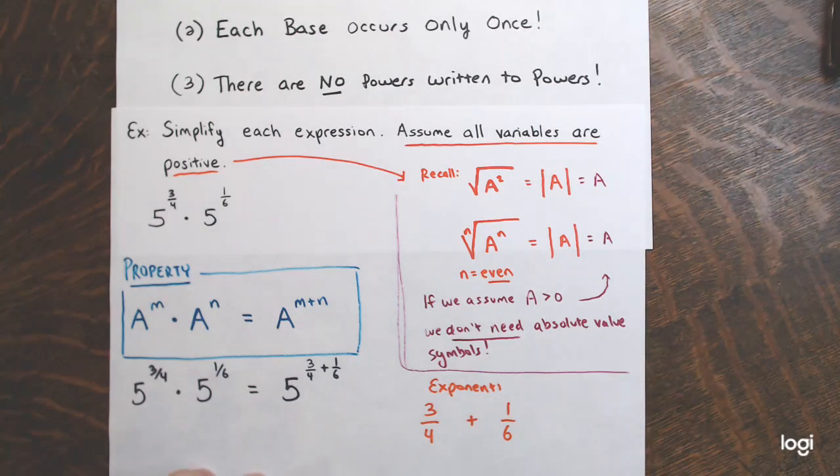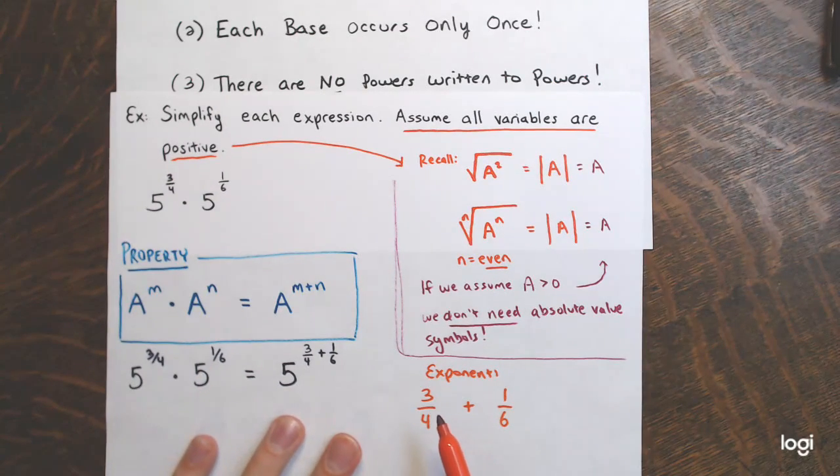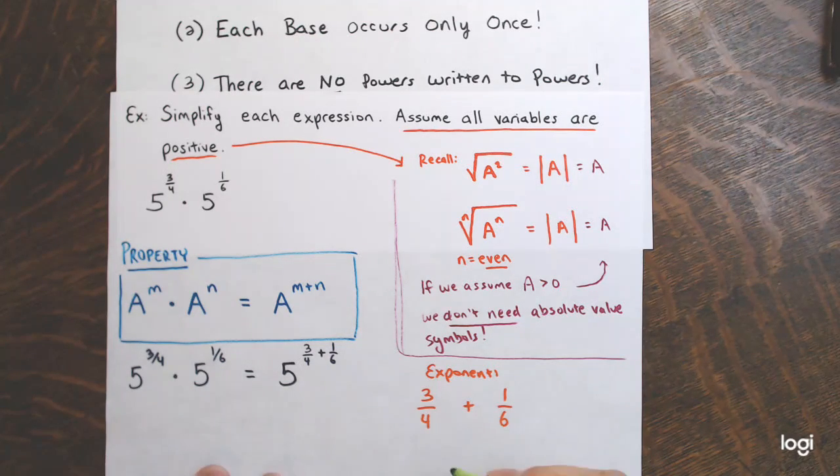I can put these together, but not right now. Remember, when you add or subtract fractions, you need a common denominator. You need the denominators to be the same. So you need to find the least common denominator, or least common multiple of the denominators. The LCD here, the least common multiple of 4 and 6, would be 12.